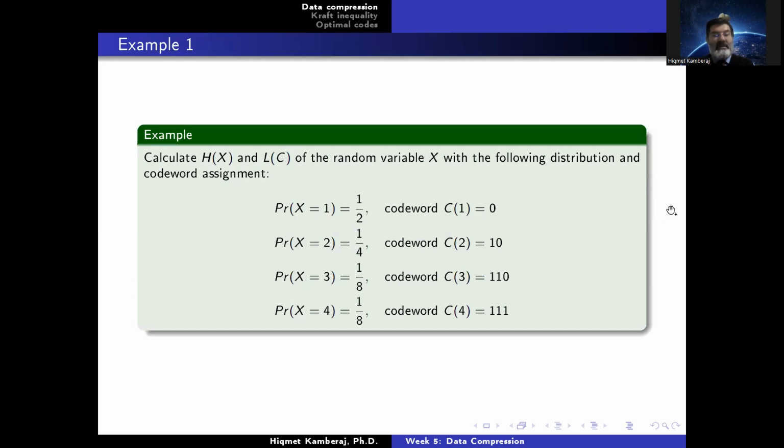As an example, let's calculate the entropy of a random variable X and the length of the code word of the random variable X with the following distribution and code word assignment.